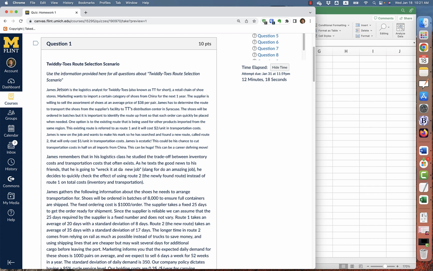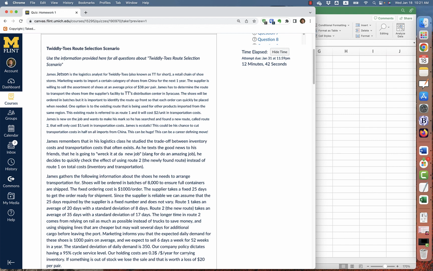So to make a holistic decision, we need to factor in how the new route will affect our inventory costs, and then conclude whether the savings on transportation costs are more than any potential increase in inventory cost, or when total cost is considered, maybe Route 1, the existing route, is still better. So we have to check that before we do this.